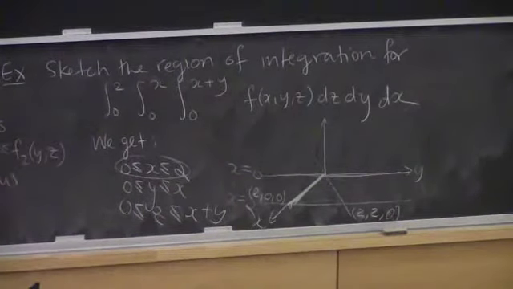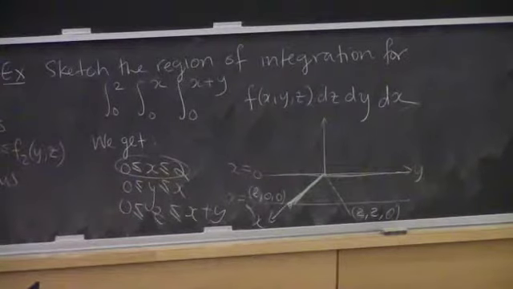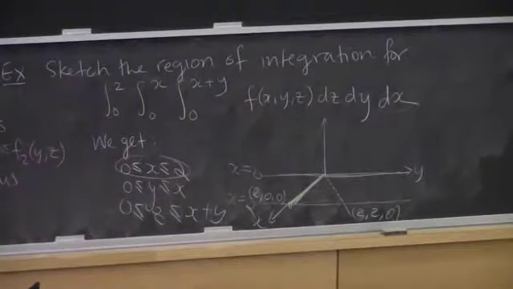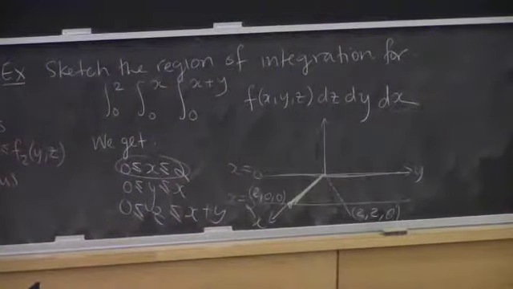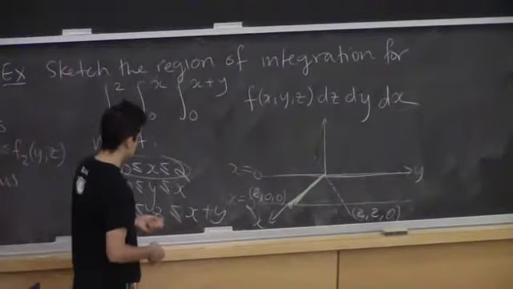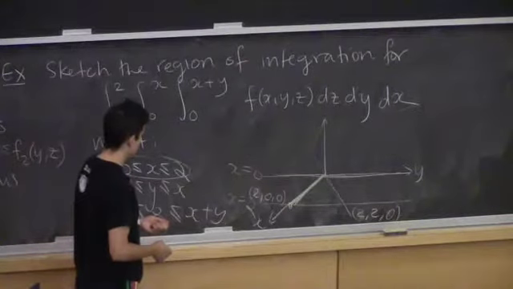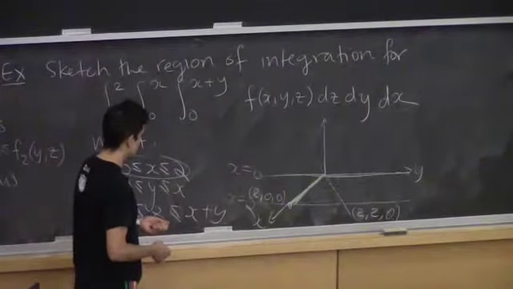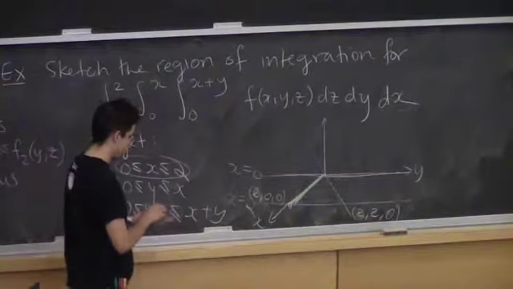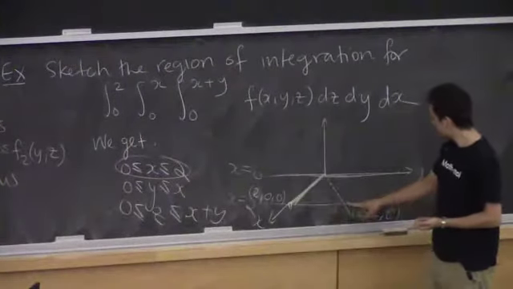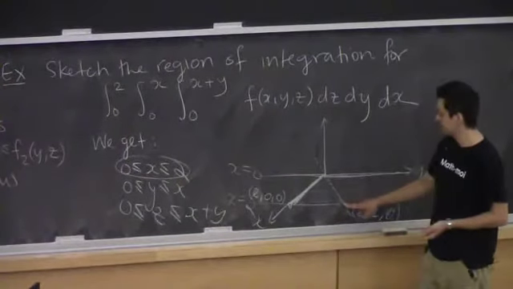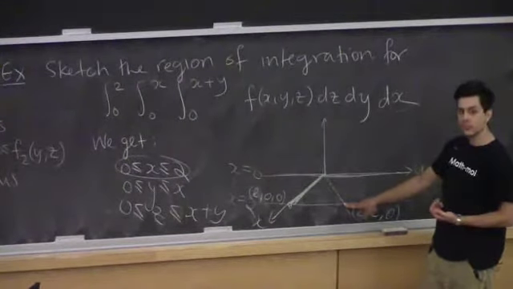Okay, and now we have the really tough condition to draw in. This condition on z. So z is going to be sort of a sloping region. So where does z go? Z goes somewhere in here. We know the height above these two vertices.